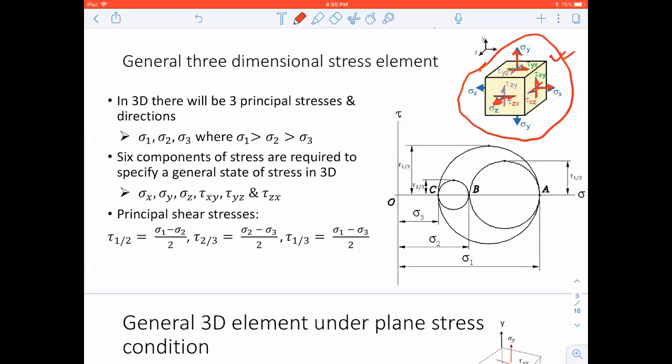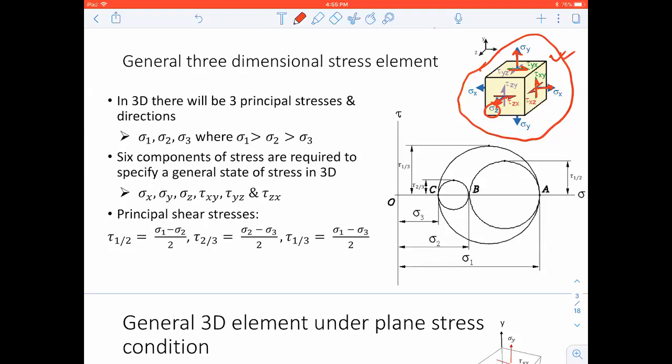But in reality, nothing is simple. Everything is complicated. So you may not see a plane stress condition. You may have some stress in the Z direction.